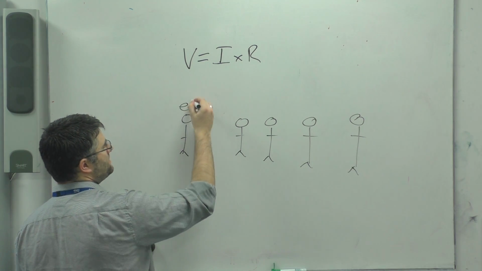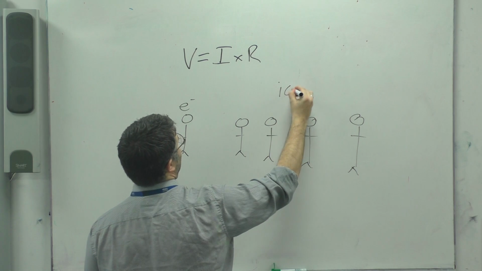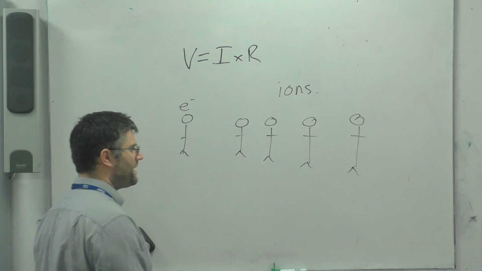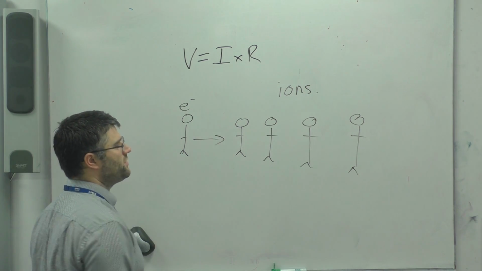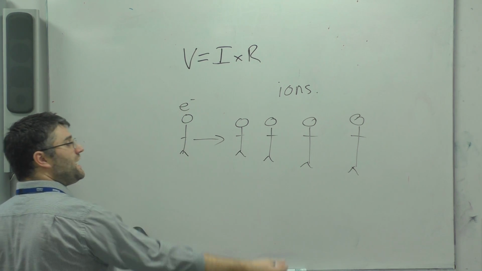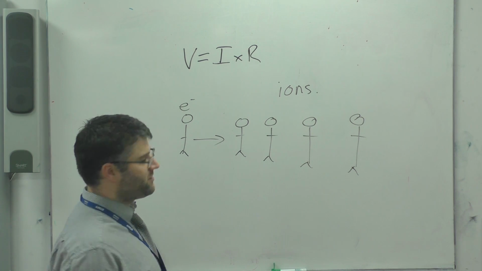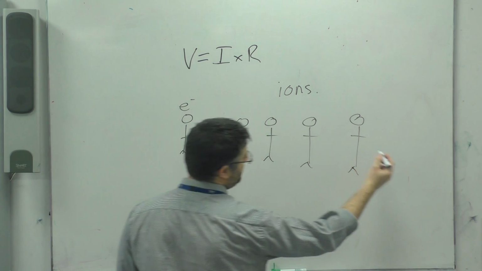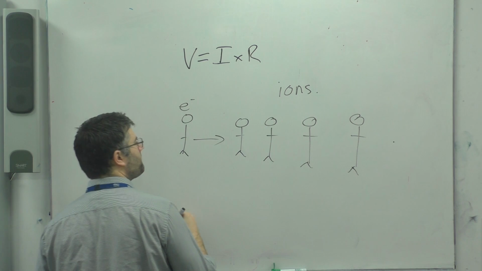We pretend that this person is the electron and these guys are the ions. So there's a crowd of people and he's got to make his way through all those ions within a wire. It's challenging because he's got to get around them and avoid them, so it takes him a little while to get from A to B.